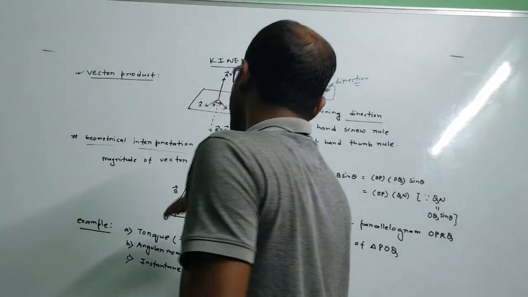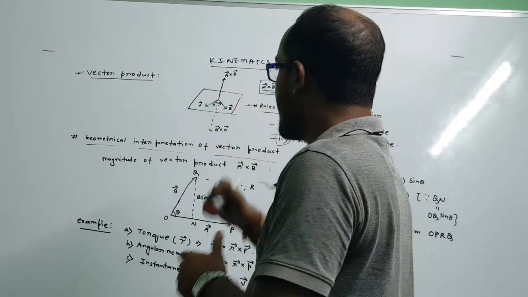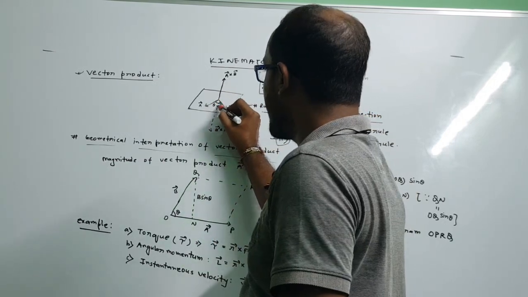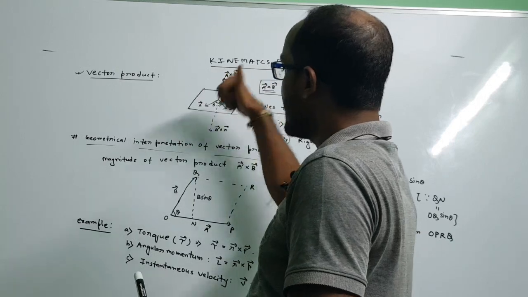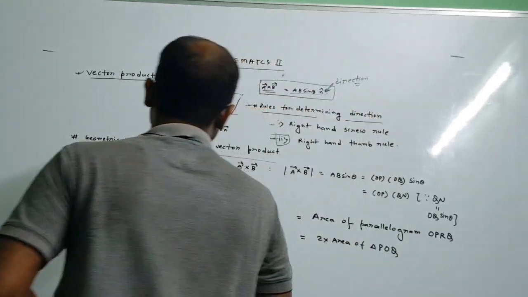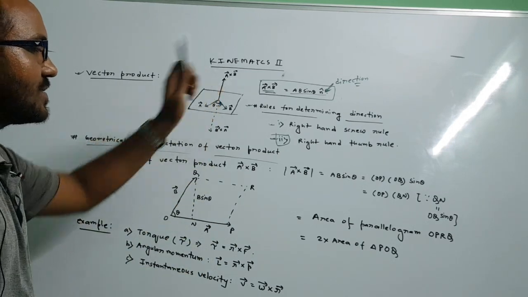The direction of the angle is from A to B, so you curl your finger from A to B, and then the thumb will point in the direction of the vector product, which is A cross B.